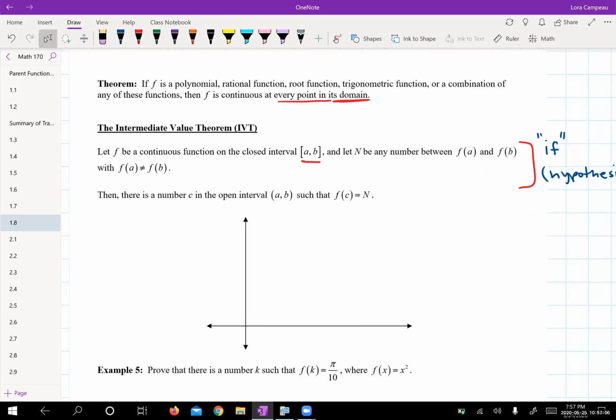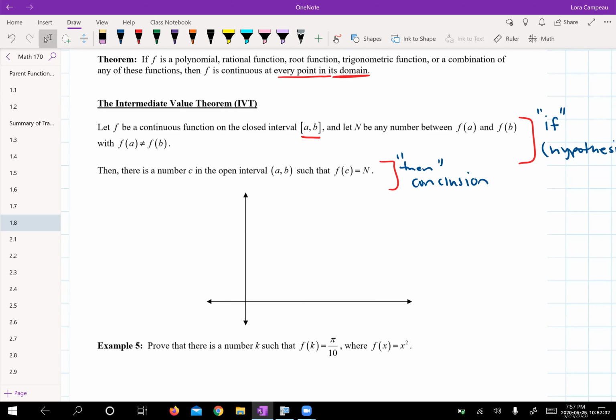As long as we can prove those items in that first part, then we have the then part, or the conclusion. Then you can state that the conclusion is true according to the criteria of your theorem.